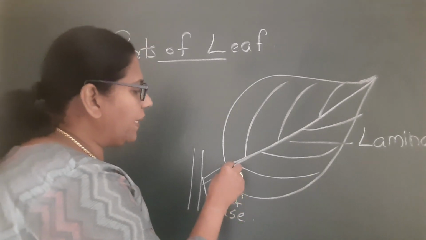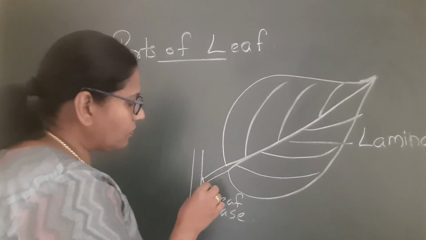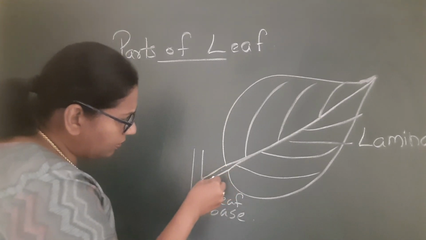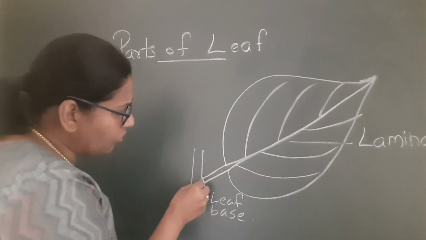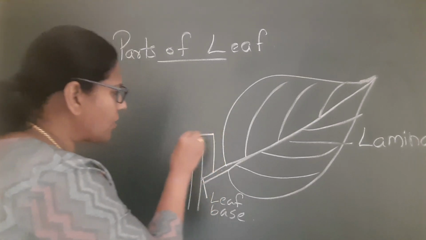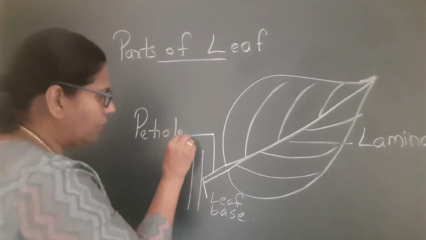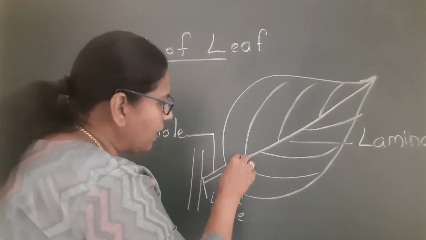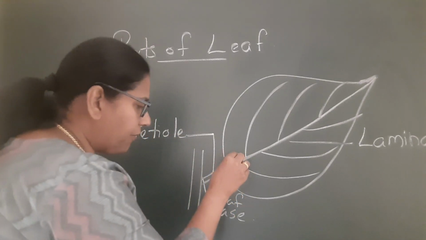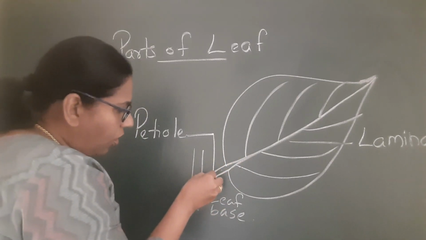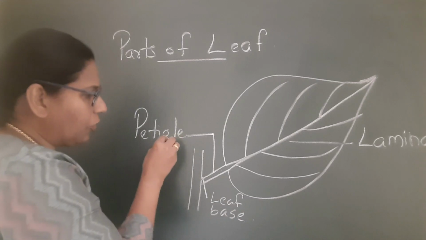Then comes midrib. Before the midrib, there is a stalk which is attached to the main stem. The stalk is called petiole. The lamina of the leaf is attached to the stalk, and that stalk is called the petiole.